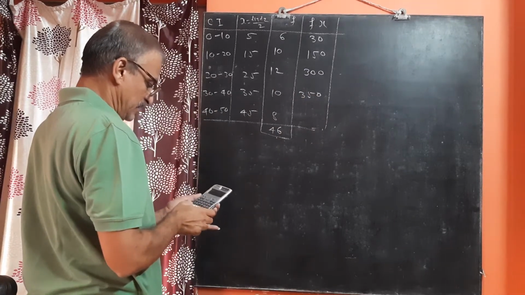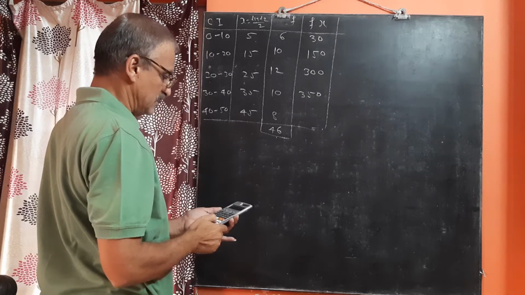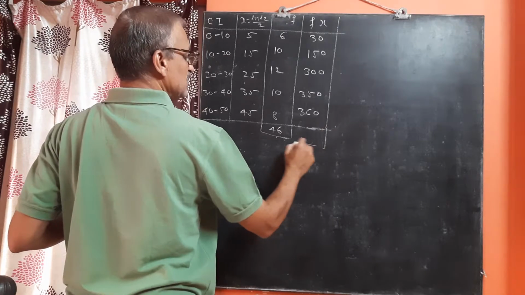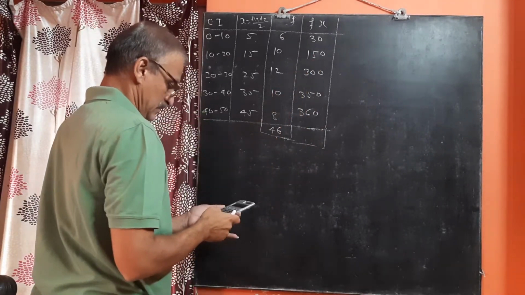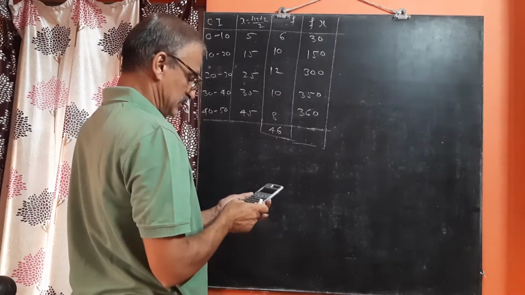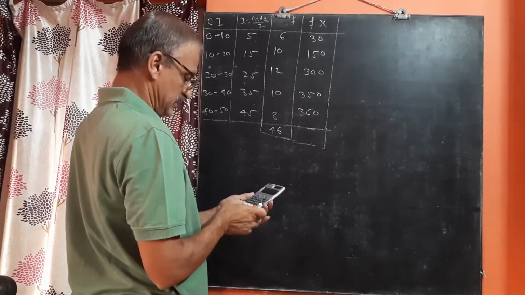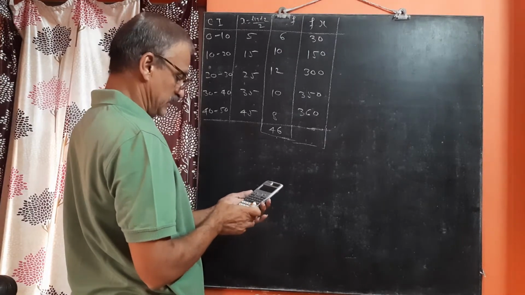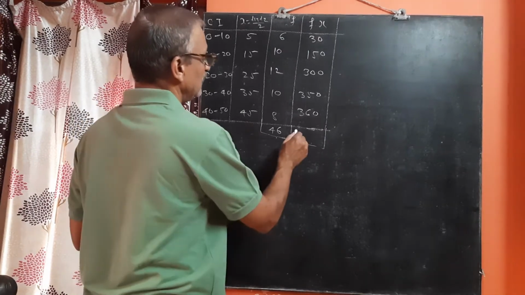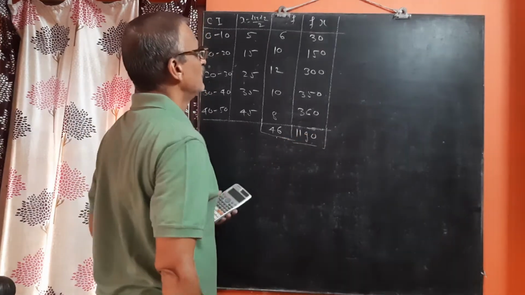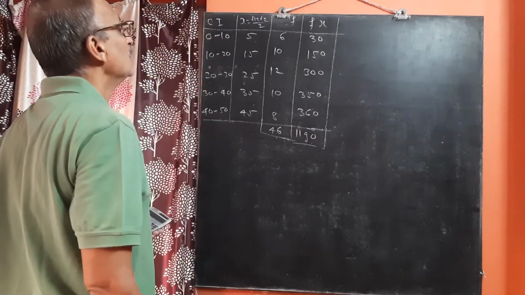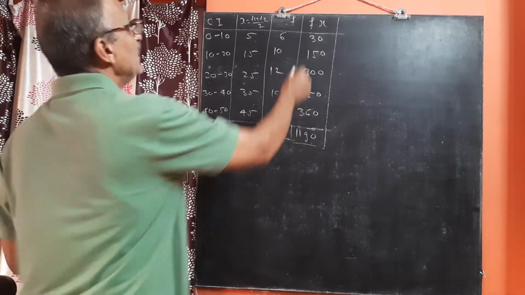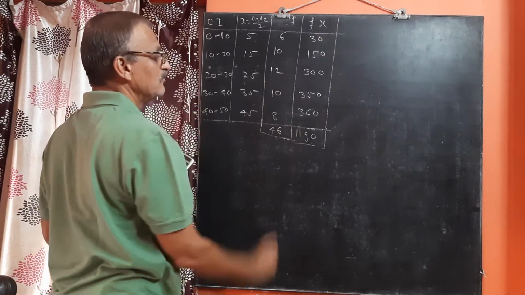And 45 into 8, that comes 360. So again, the sum of this is 360 plus 350 plus 300 plus 150 plus 30, 1190.